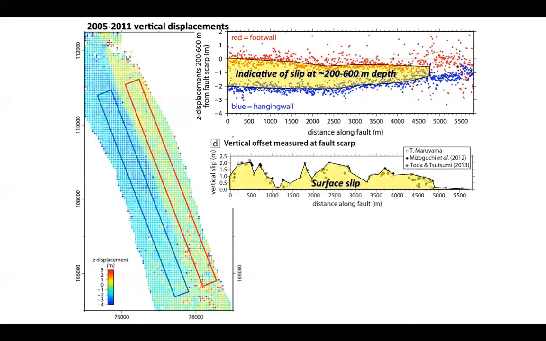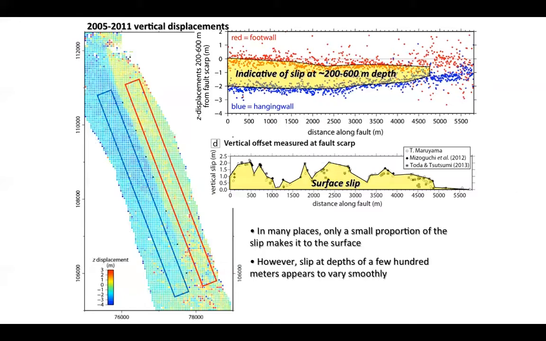However, we note that in some areas the surface slip is much lower and is also much more variable. So this suggests that only a small fraction of the slip at depth actually makes it fully to the surface, and that the slip at the surface varies much more than slip at a few hundred meters depth.